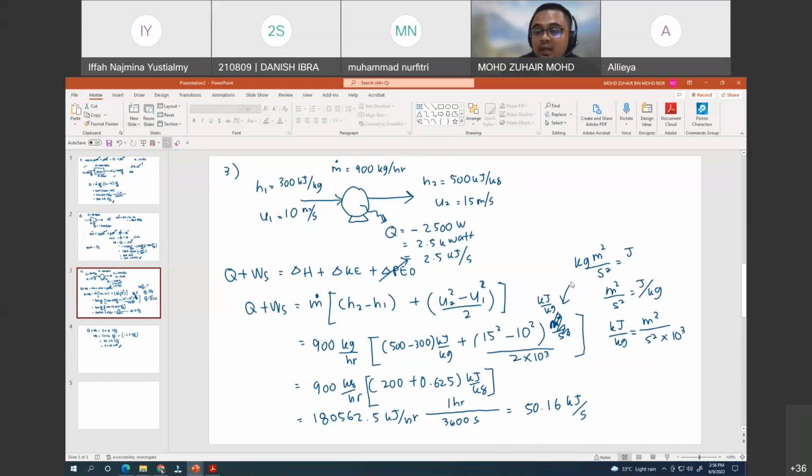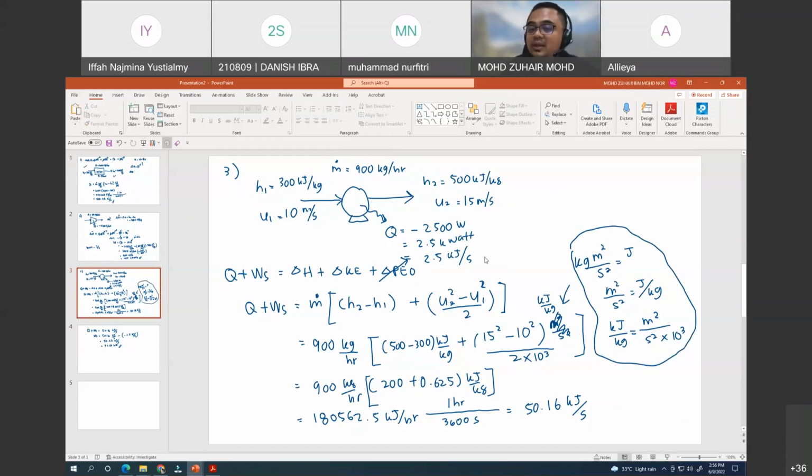Okay. But I'm just going to give you tips. Whenever you have kinetic energy and also potential energy, normally this is the way to change it. Don't get confused wondering how to change the units.